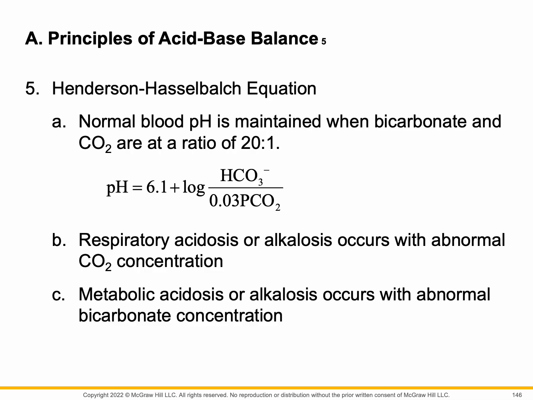A normal blood pH is maintained when bicarbonate and carbon dioxide are at a ratio of 20:1 with this formula. Respiratory acidosis or alkalosis occurs with abnormal carbon dioxide concentrations, whereas metabolic acidosis or alkalosis occurs with abnormal bicarbonate concentration.